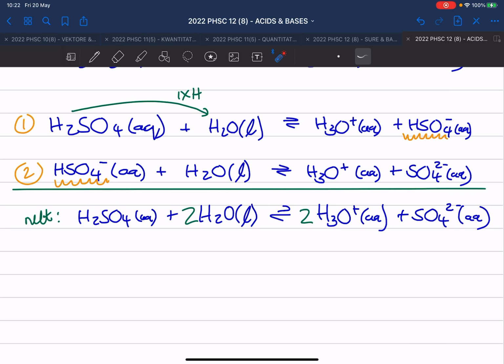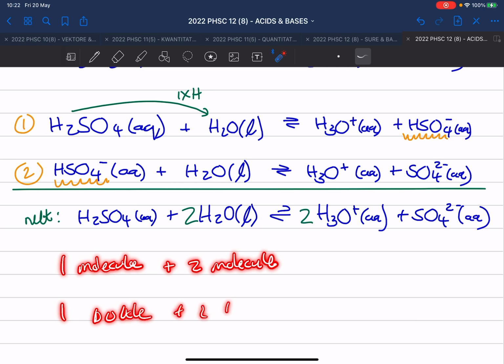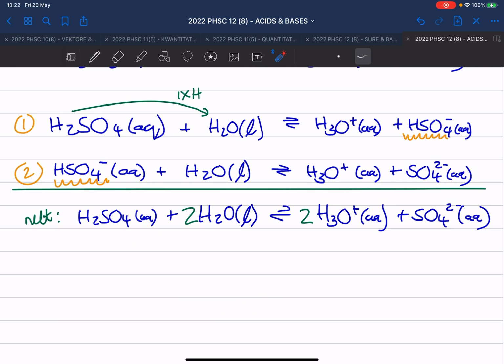It can mean that as well, that's why I asked. It's just the ratio. So you can either say 1 molecule needs 2 molecules, or you can say 1 bottle needs 2 bottles. So this is just a ratio. That's all it means.